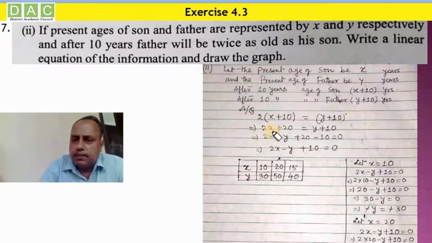So 2x plus 20 equals y plus 10. Bringing y to this side, minus y, plus 20, and bringing plus 10 from the right side to the left side, minus 10, equals 0. Then 2x minus y, 20 minus 10 is plus 10, equals 0. This is the linear equation.